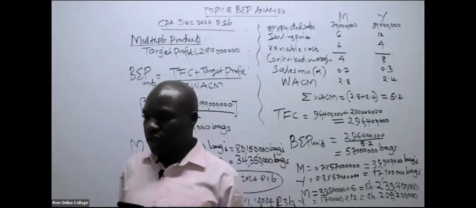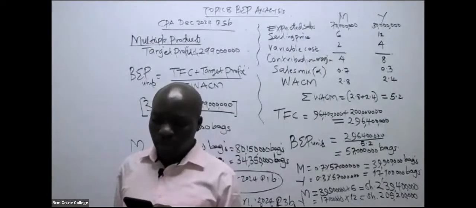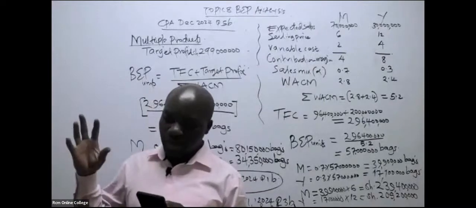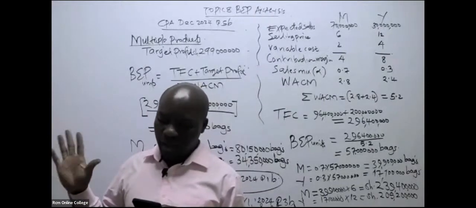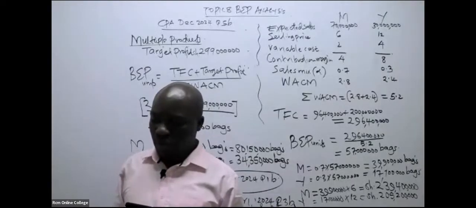Then you are instructed to look at note number 1. What is this note number 1 saying? The fixed overhead costs are 1450 million per annum. We must be having some expected sales per annum to be able to get this total amount.